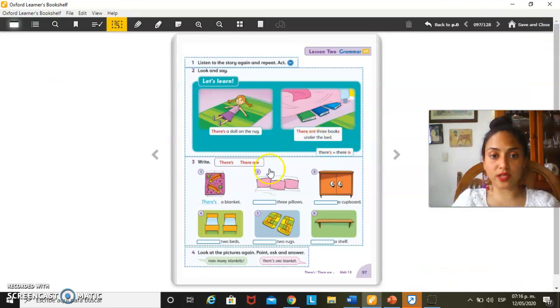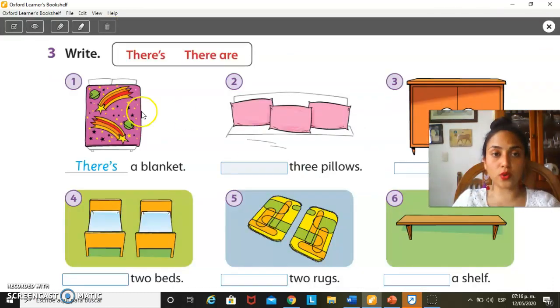Now let's go to exercise number 3. You have to complete the sentences using there's and there are, okay? Remember to write the capital letters and the apostrophe with red color.